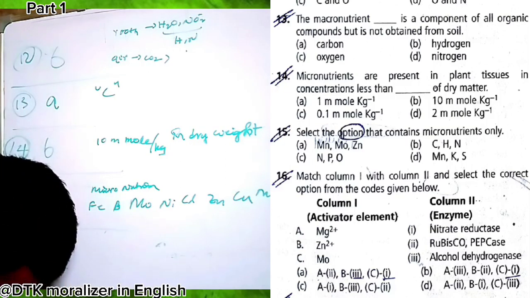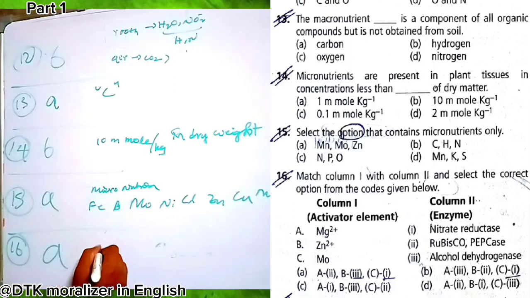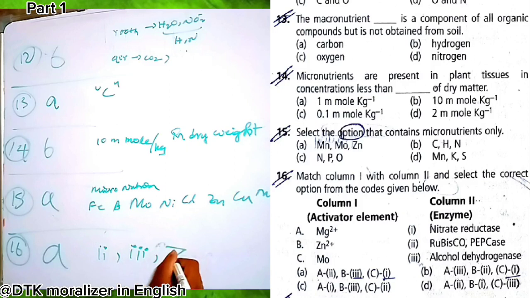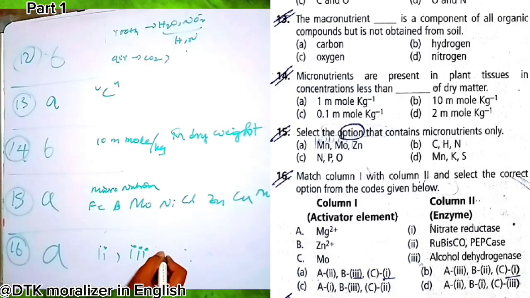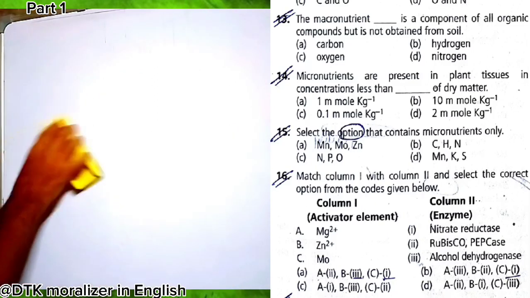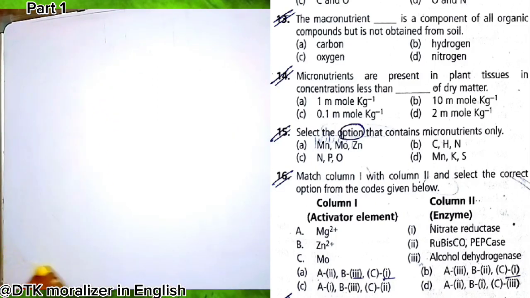So option A, as you can see, 2, 3, 1. Let me erase it.